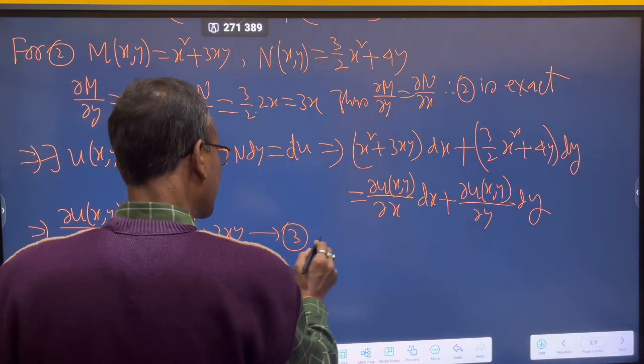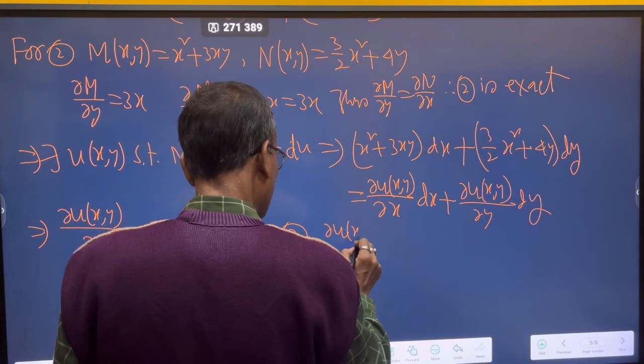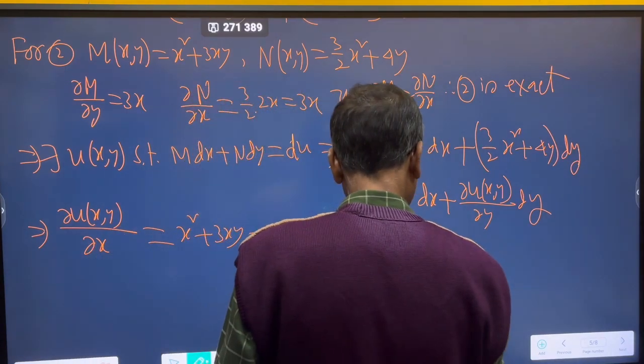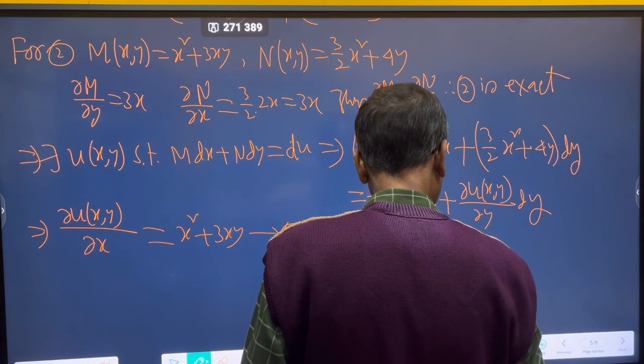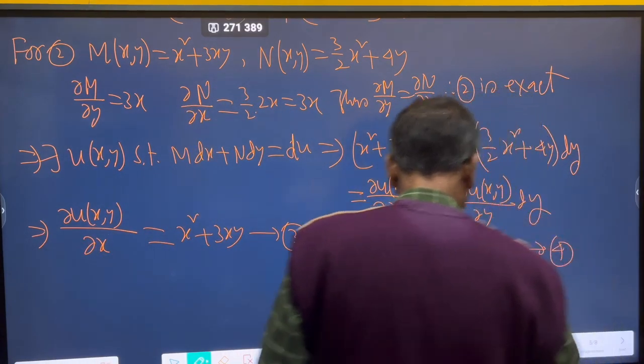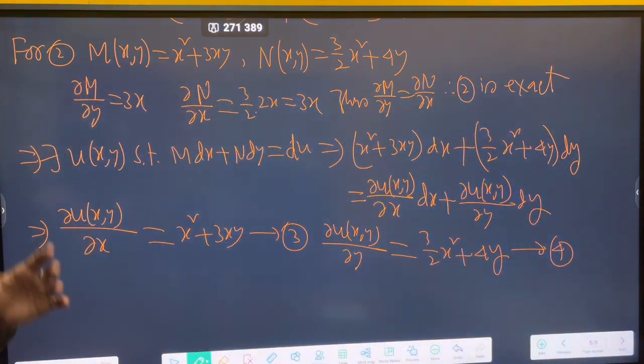Suppose this is number 3. Del u by del y equal to 3 by 2 x square plus 4y. This is number 4.